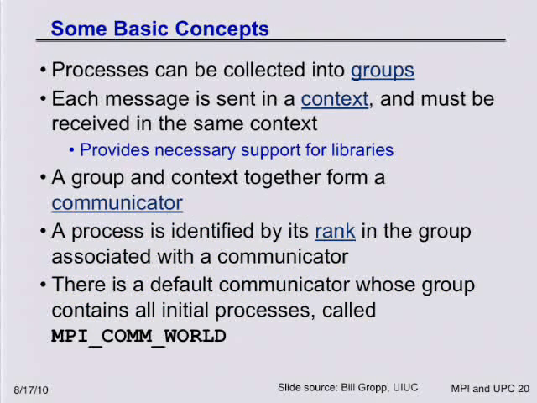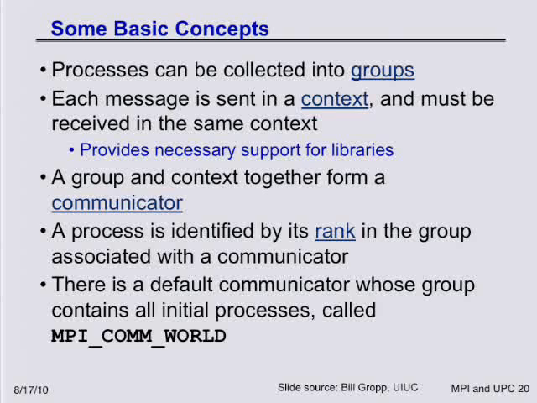In order to get some handle on naming the processes, you've got to have a namespace for those processes. You already saw the idea of MPI rank, but you can get more sophisticated by building up a communicator. A communicator is a group of processes and also a context.